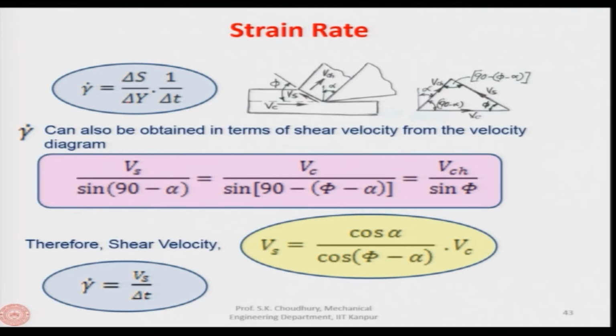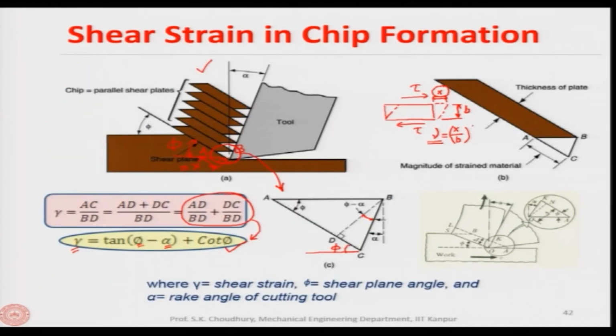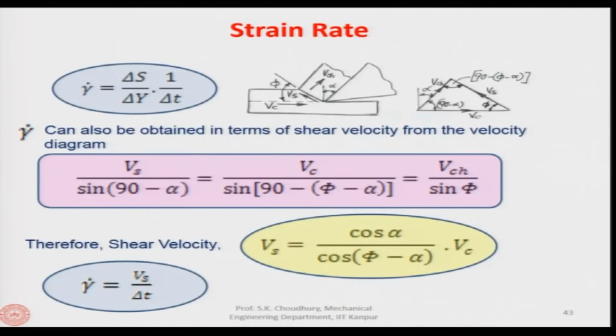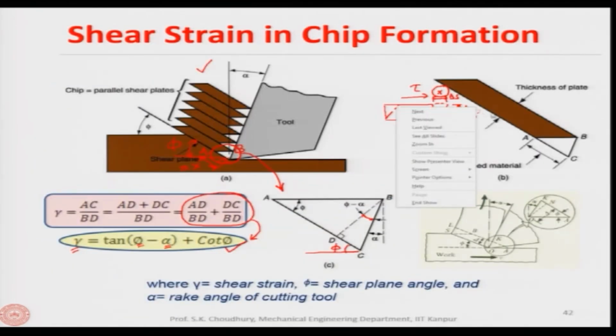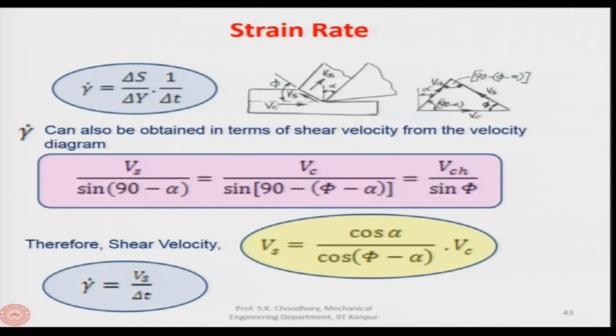This is the same thing as in here, that is the strain, this one. Let us say this is delta S, and this is delta Y, equivalent to delta Y. So, delta S by delta Y is the strain.